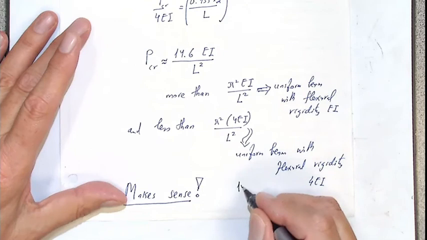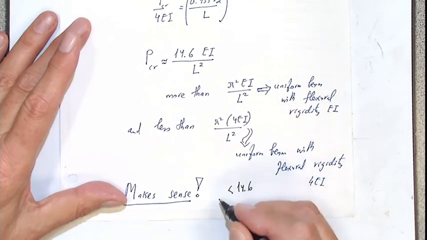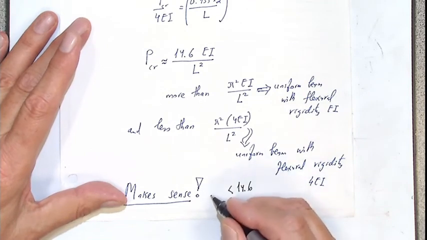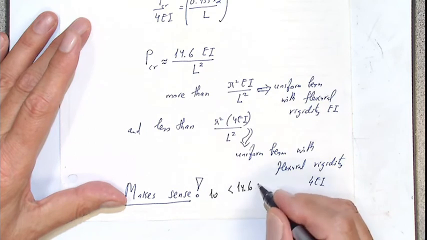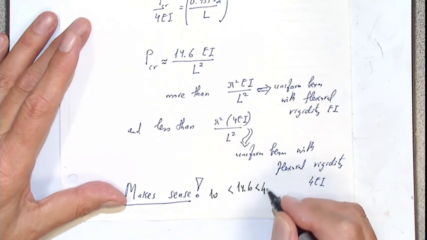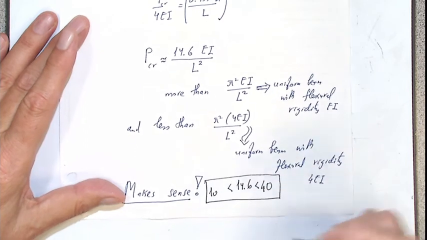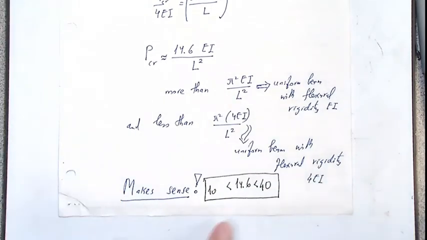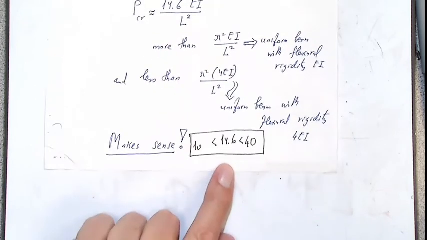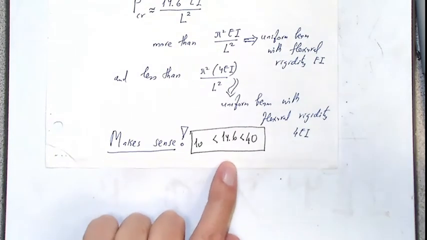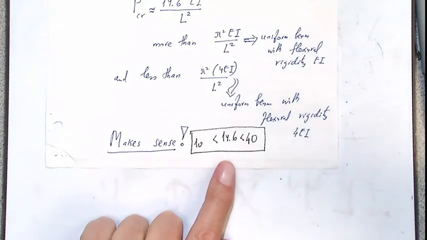Okay, 14.6 is bigger than approximately 10 and smaller than approximately 40. So that makes sense. Look, that is how your boss will check whether your solution is correct or not. He will roughly approximate the problem, and he will say, okay, the solution should be somewhere in between.